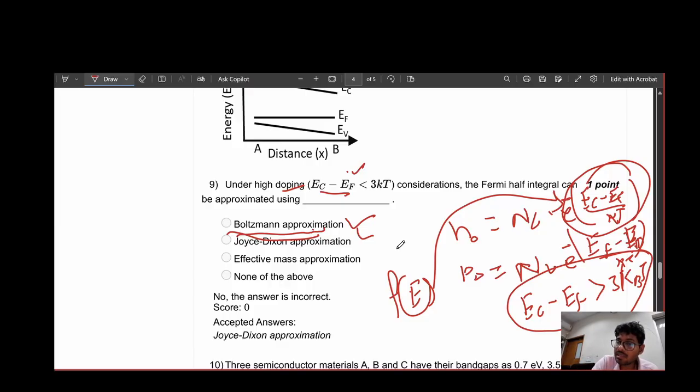Then only this Boltzmann approximation holds. If the gap is lesser than that, then another approximation comes, the Joyce-Dixon approximation, where the Fermi half integral is solved.